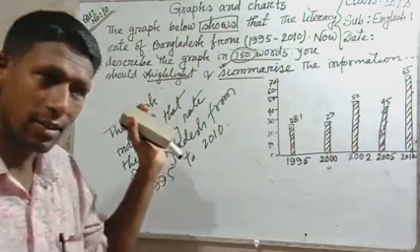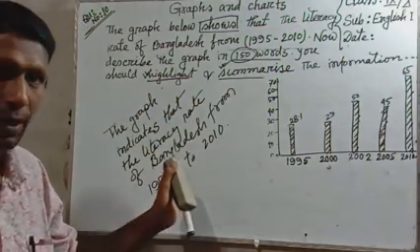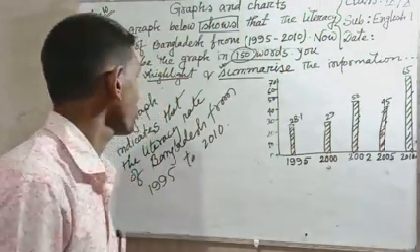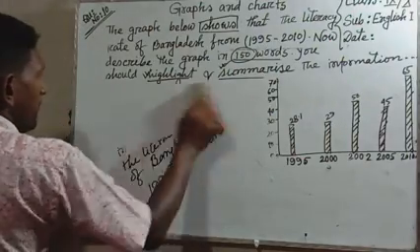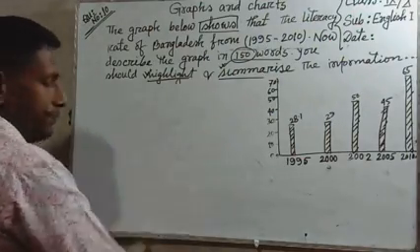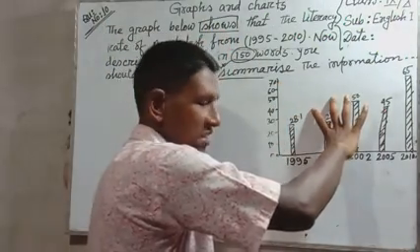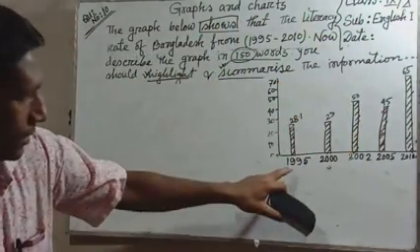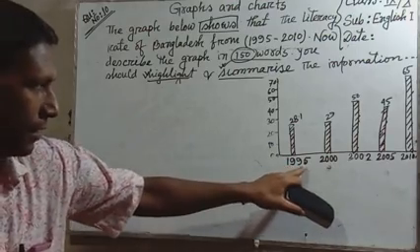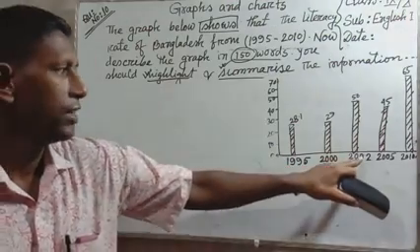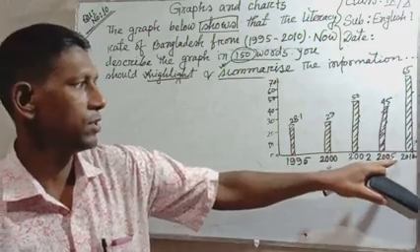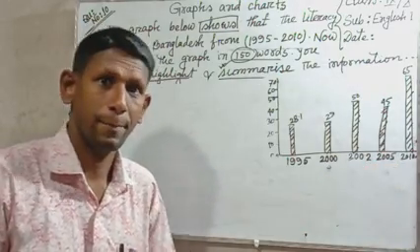Is it clear? Maybe it is clear to you. That is the topic sentence. After that, what have you seen in this graph? That is 1995, 2000, 2002, 2005, 2010. That is the year.